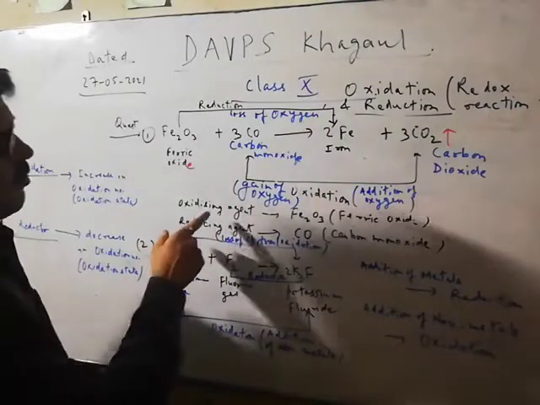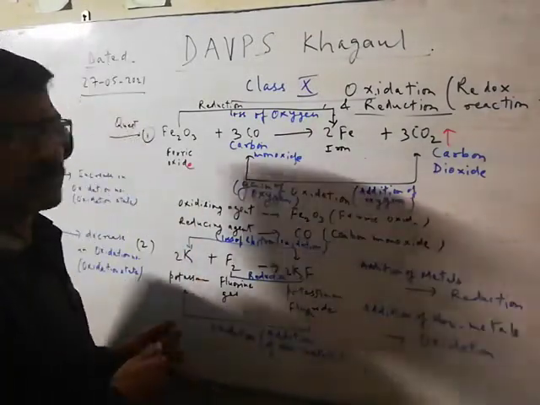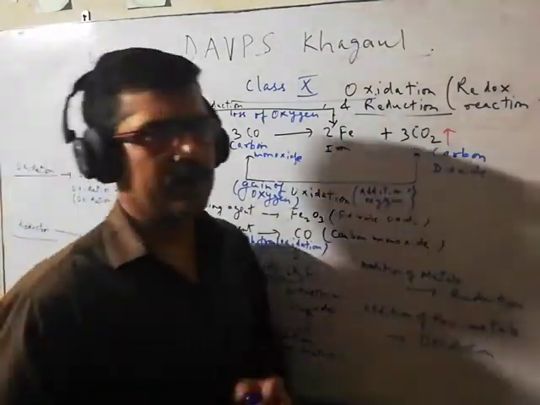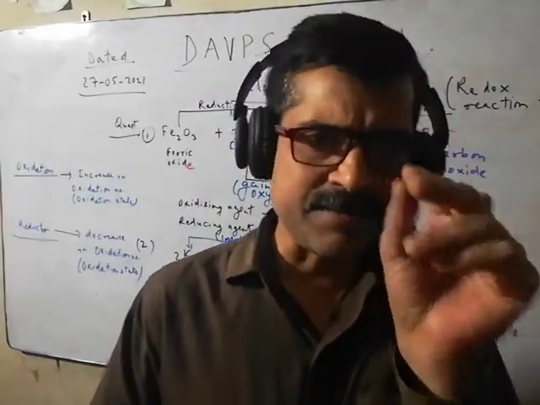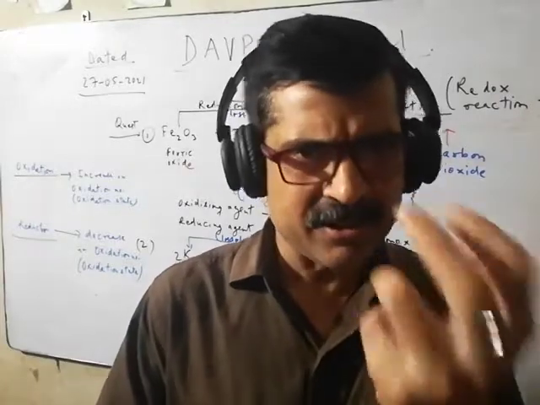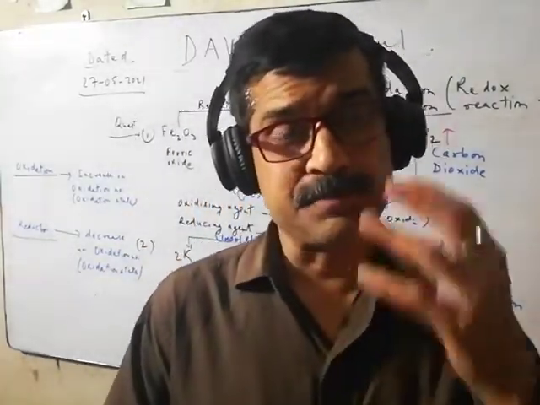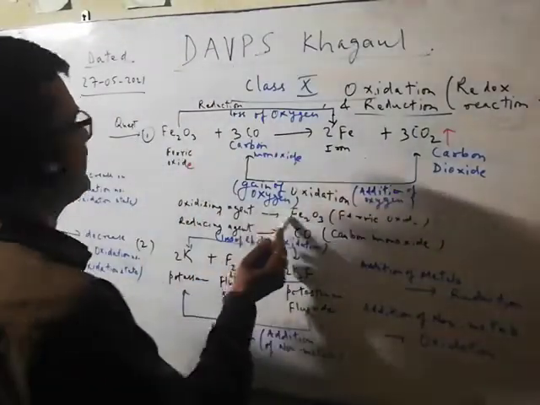Now we are talking about the oxidizing agent and the reducing agent. What is the meaning of oxidizing agent? I told you earlier that an oxidizing agent is that chemical compound, or metal, non-metal, or any chemical reagent, which is being reduced. So what is being reduced here?